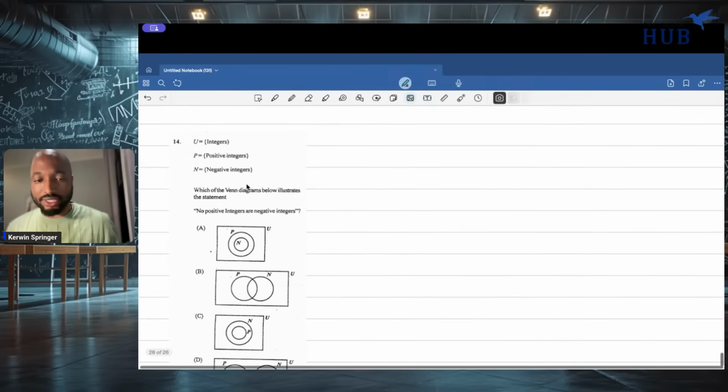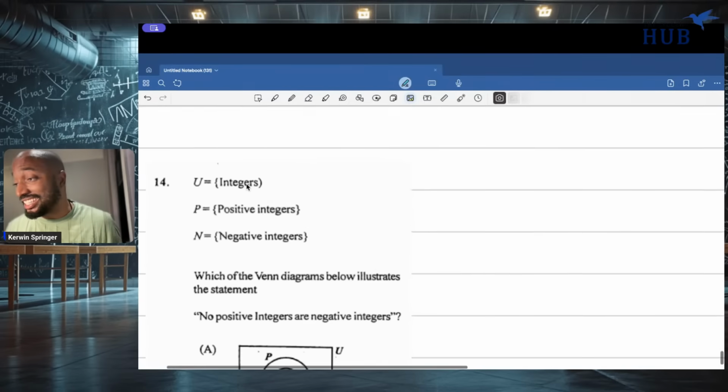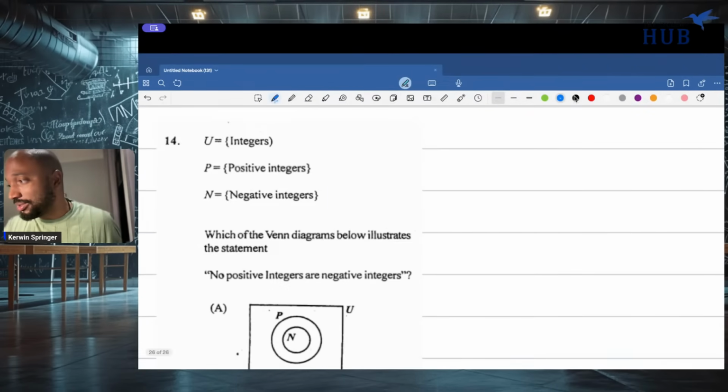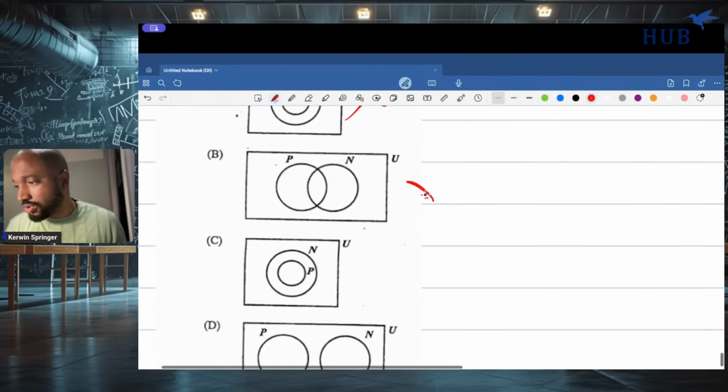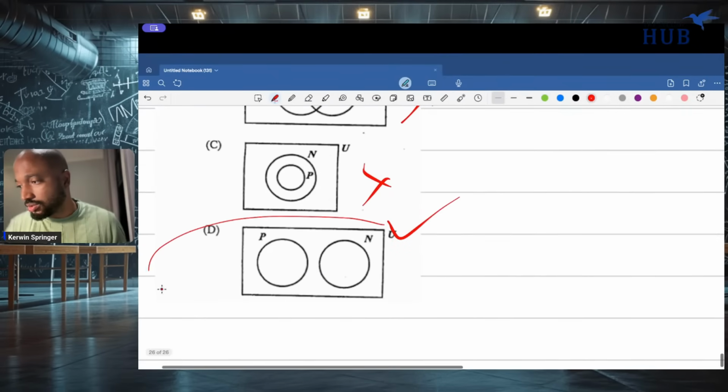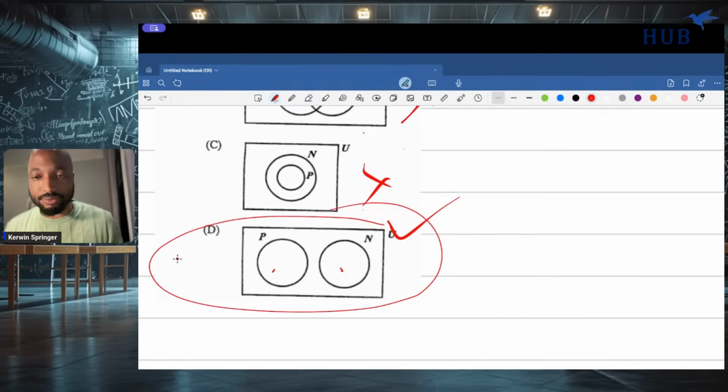Here we have another question. Big up the 19. 19 is a very special number. It's a prime number. Integers, positive integers, negative integers. Which are you going there? No, positive integers and negative. Wrong. Correct. So this is disjoint sets, right? Positive, negative.